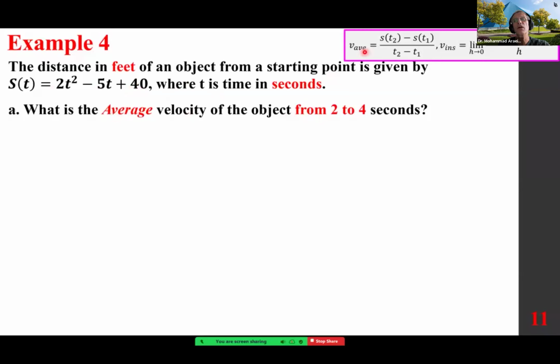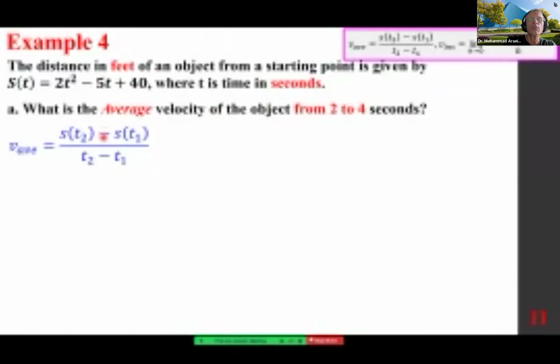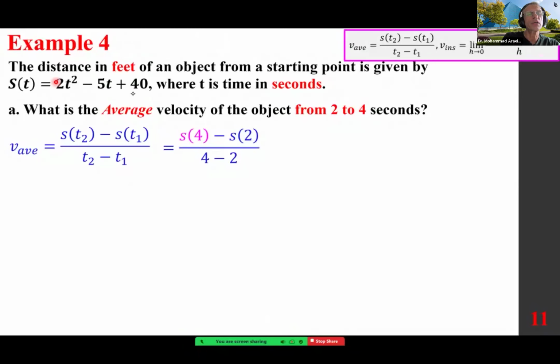So basically, V average is s of t sub 2 minus s of t sub 1 over t sub 2 minus t sub 1. So s of 4 minus s of 2 over 4 minus 2. We are going to plug in 4 into this function.